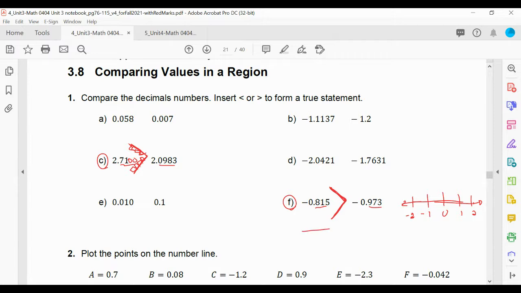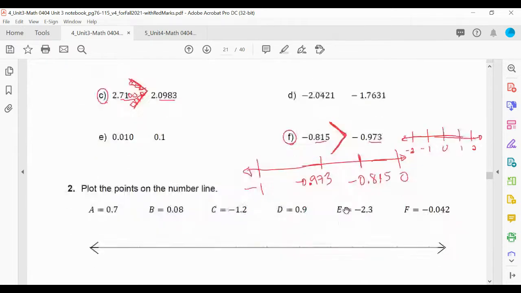If we were to graph these, negative 0.973 would be smaller than negative 0.815. Somewhere way over here I have the number -1, and somewhere way over here I have the number 0. So that's the way to compare the negative values.